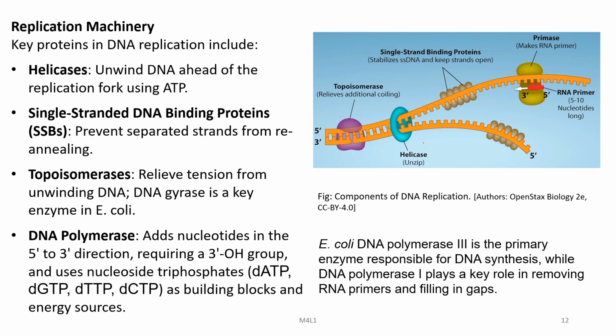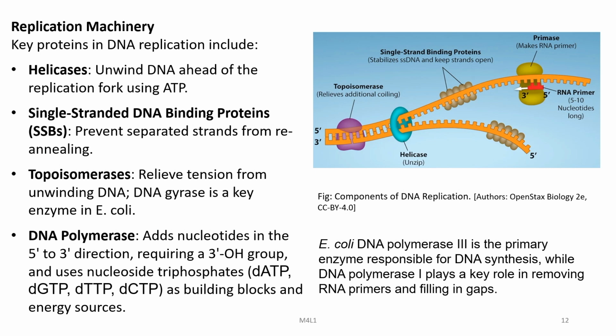They unwind DNA ahead of the replication fork. So, here is the replication fork, as you can see over here, and the helicase is unwinding the DNA ahead of this replication fork. Since this is trying to open up DNA, it is an energy consuming process. That energy is supplied by ATP.